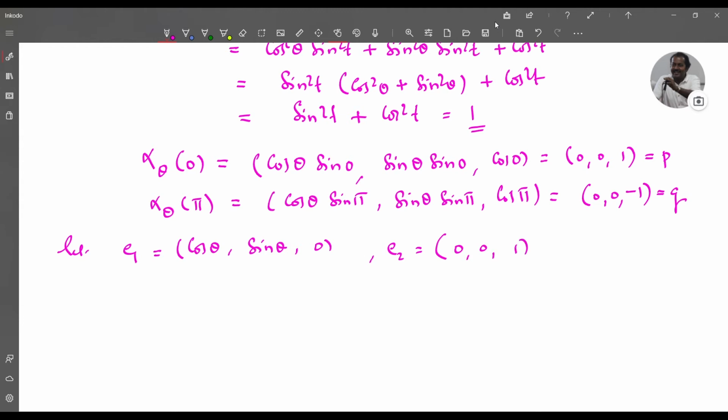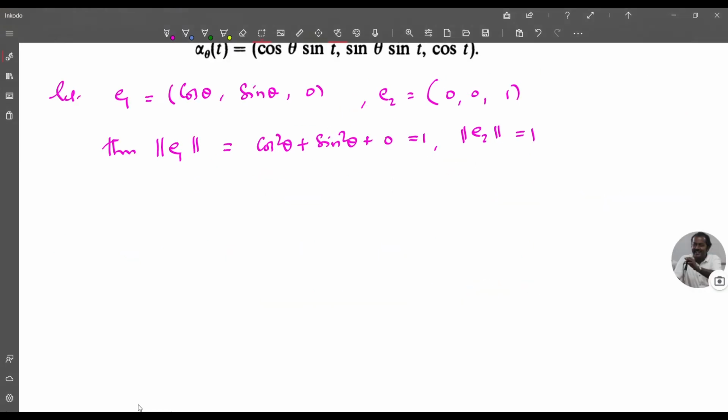Then you know that the norm of E1 is cos square theta plus sin square theta plus 0, so this is 1, and the norm of E2 is 1. And their dot product is 0: E1 dot E2 is 0.